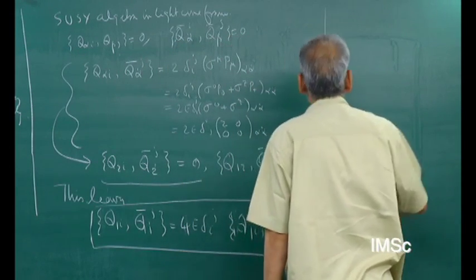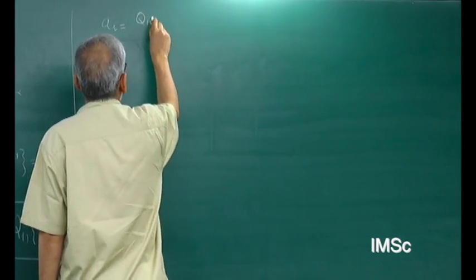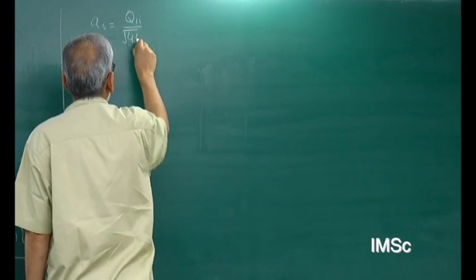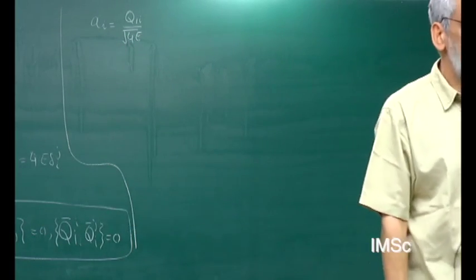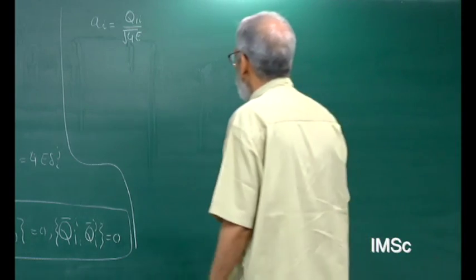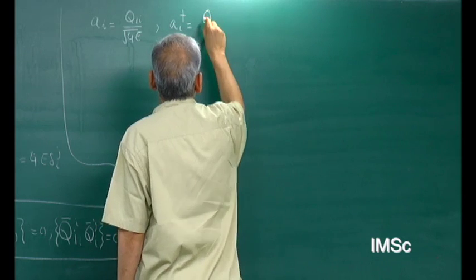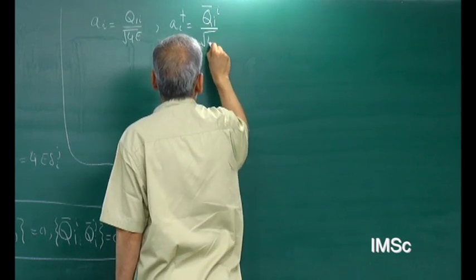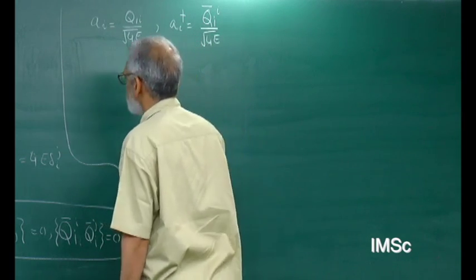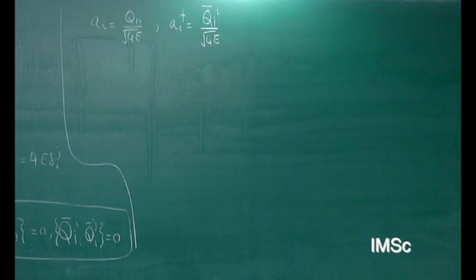Now let me make a convenient redefinition. Call AI is Q1I divided by 4E. This is a convenient normalization. And AI dagger I call is Q1 dot I bar over 4E. It's just a convenient redefinition.